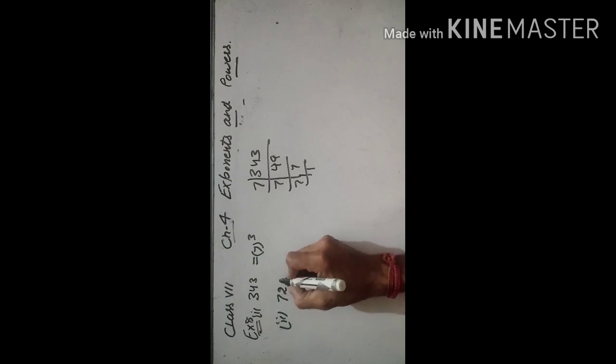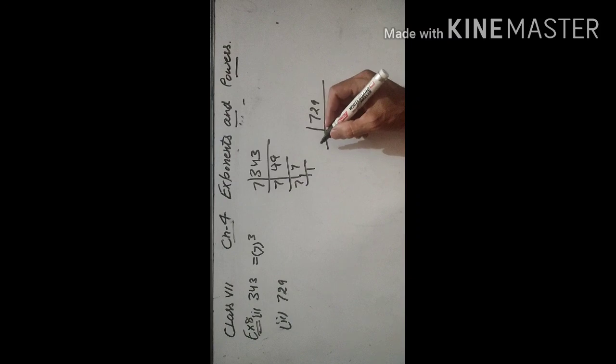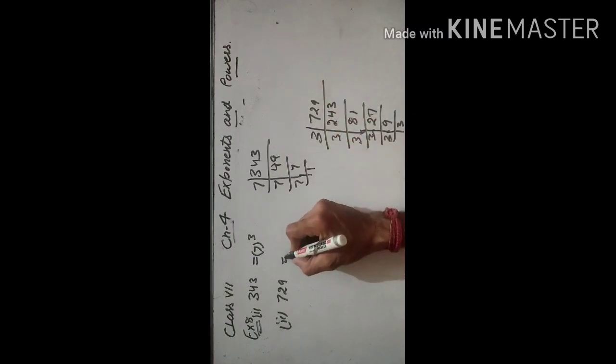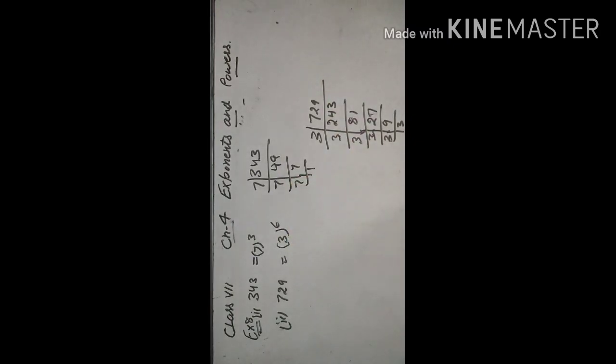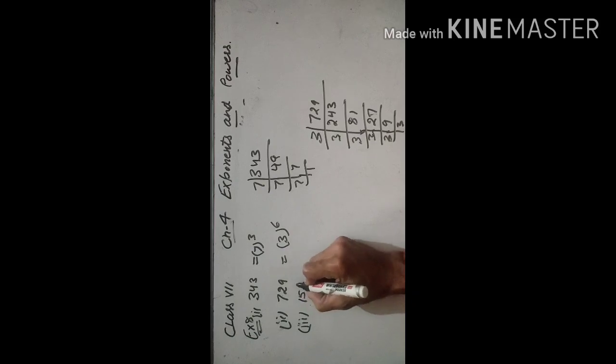Second part is 729. Prime factors of 729: 3 to the 6, 1 2 3 4 5 6. Next is 15625.